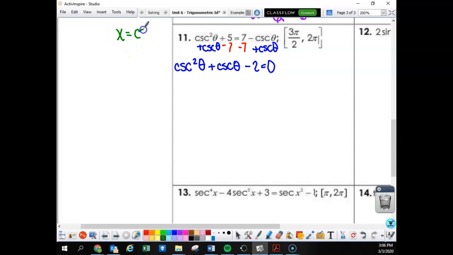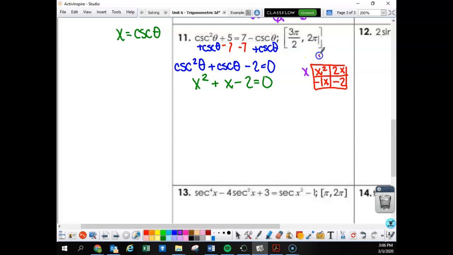So x is equal to cosecant theta. Basically I have x squared plus x minus 2 equals 0. So I'm factoring this out. So you can use your box method. So x squared and negative 2. I need 2 factors of negative 2 that add up to 1. So that's going to be positive 2x and negative 1x.